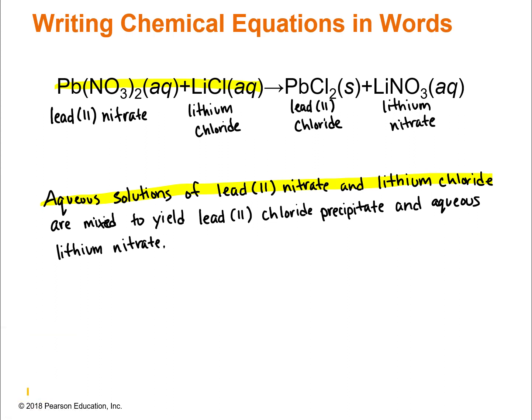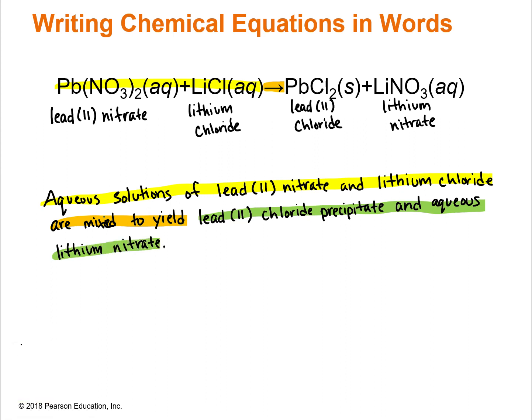Are combined to yield, that's our arrow. And then we've got our products. I said lead 2 chloride precipitate, which is the same as saying solid lead 2 chloride. Precipitate means an insoluble solid. And aqueous lithium nitrate.